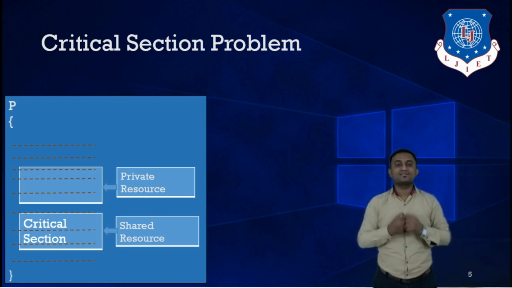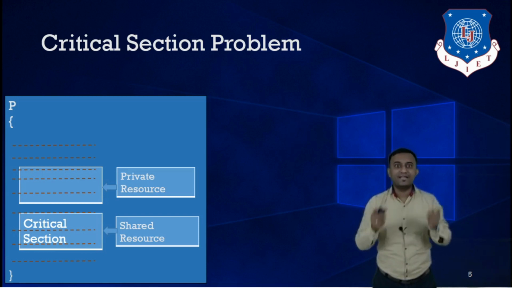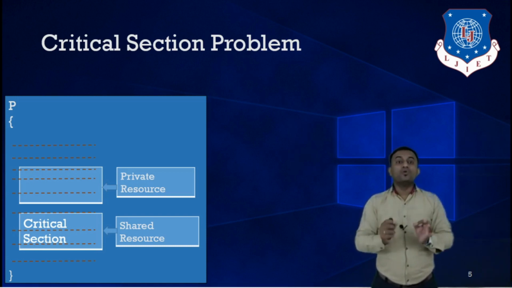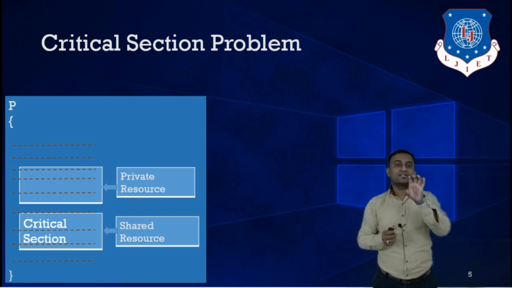So even though multiple processes are competing for the same resource at the same time, we need certain criteria to be satisfied so that we can guarantee it will never lead to inconsistency. What are those criteria? Let us discuss them. But before that, you need to understand what a critical section is: a part of code in which a process is trying to access the shared resources.